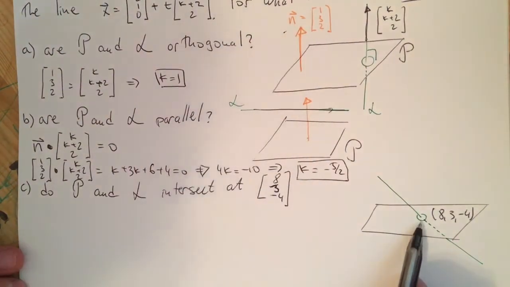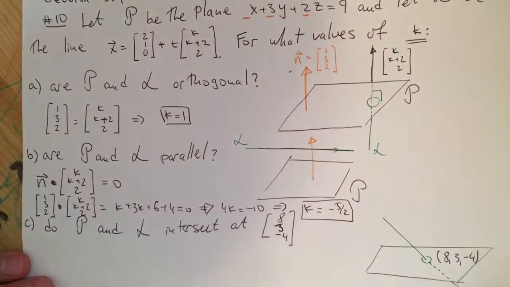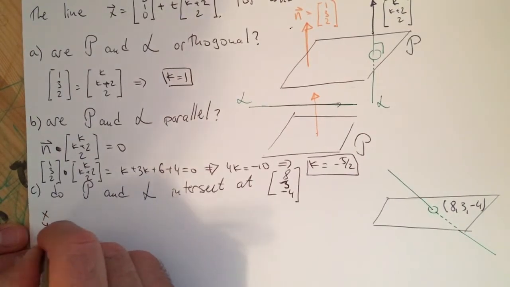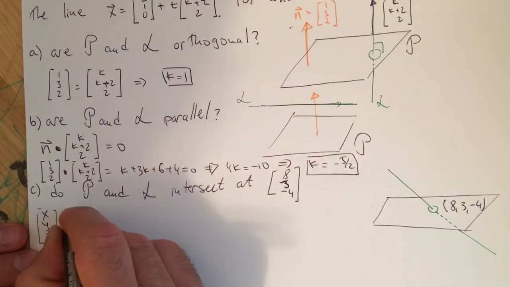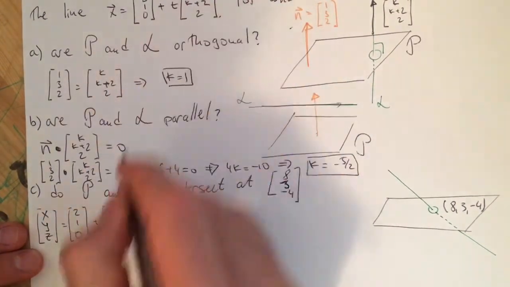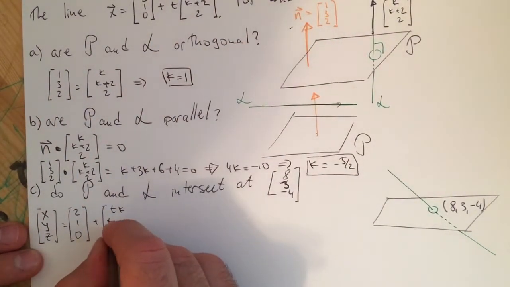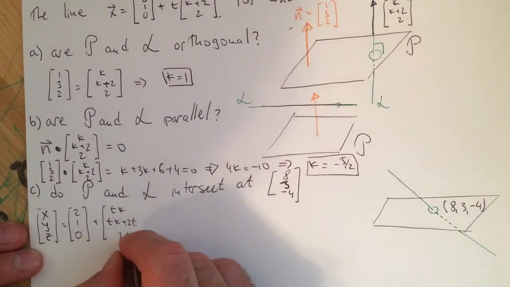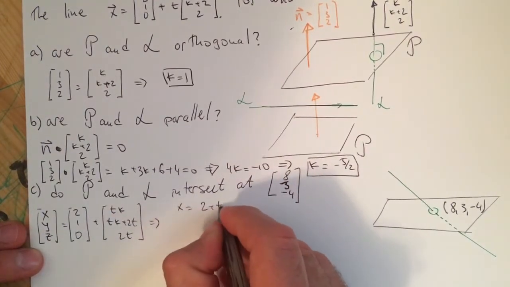Okay, so first of all, from the equation of the line, every point on the line satisfies this equation. So t times k, tk, t times k plus 2, tk plus 2t, and finally here 2t, which implies that x is equal to 2 plus tk.